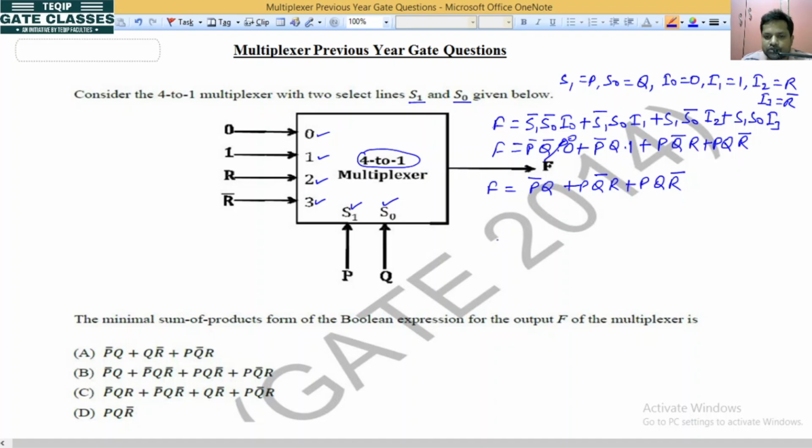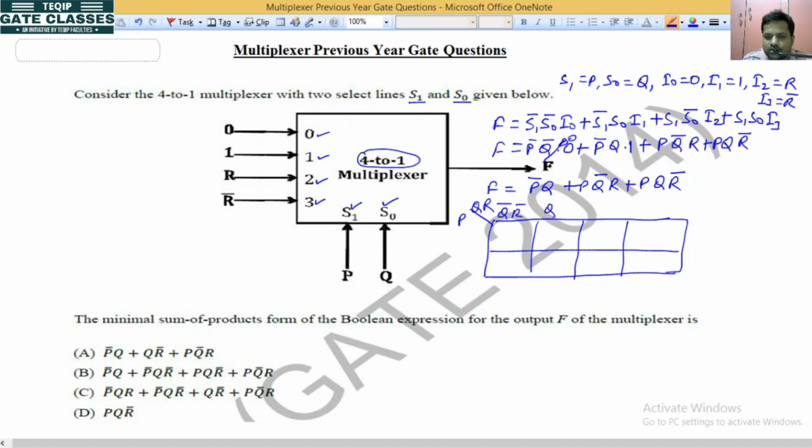So we have to make a min term K-map of 3 variables. It will be like this. We have P here, and Q bar R bar, Q bar R, Q R, Q R bar.